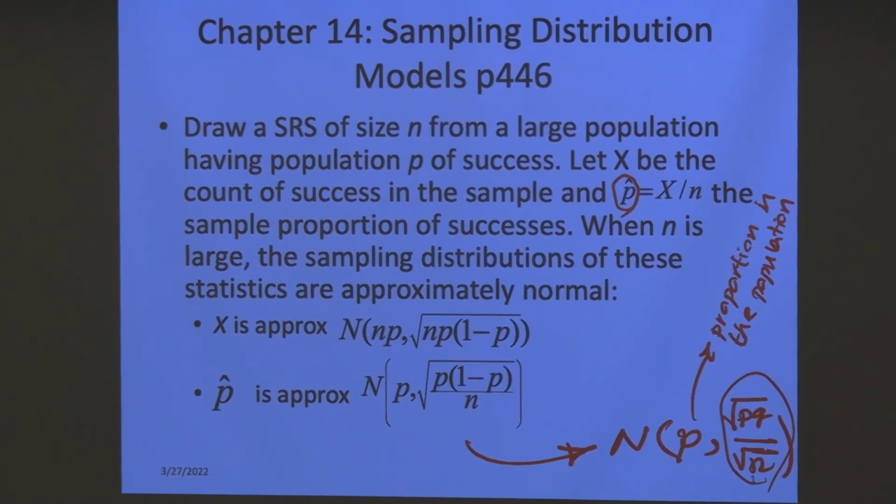What were the conditions? The sample is smaller than 10% of the population, and we have at least 10 failures and 10 successes in the sample. The expected number of failures and expected number of successes, np and nq, are both larger than 10. And we have used a simple random sample to choose a sample from the population, right?